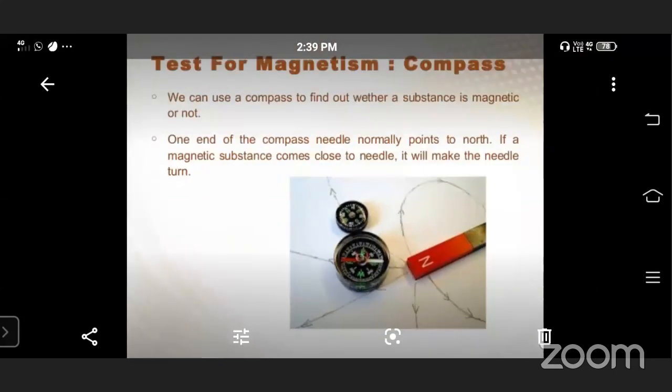The magnetic compass is small, with a cover on it and a needle inserted inside. The magnetic compass has a dial marked with directions.